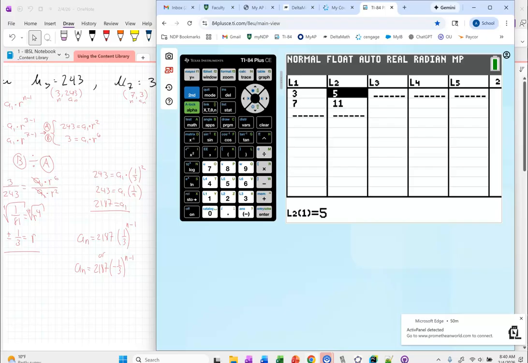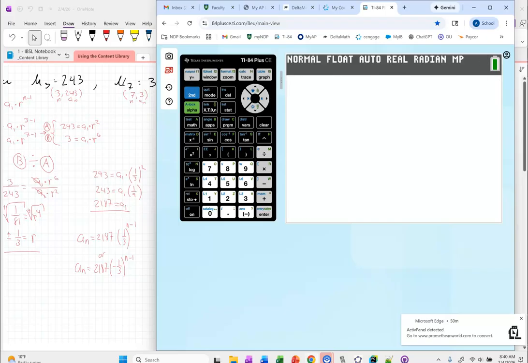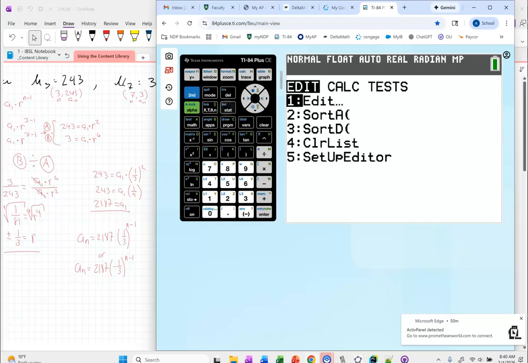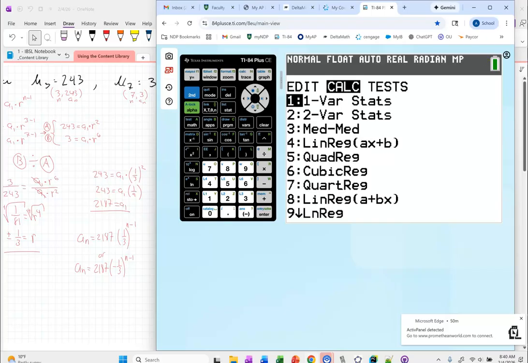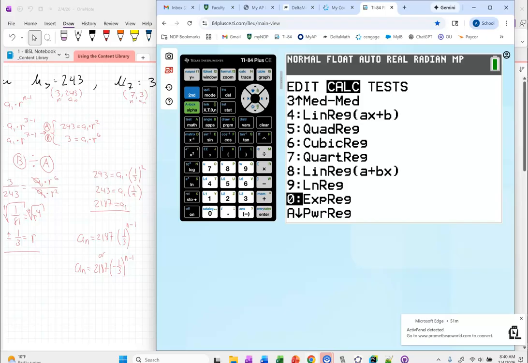And type my y, so 243 and 3 into L2. Everybody's okay? Exit out of here to the home screen, stat, calc. And then this time, what type of function is a geometric sequence? Exponential, so I want exponential reg. There it is.